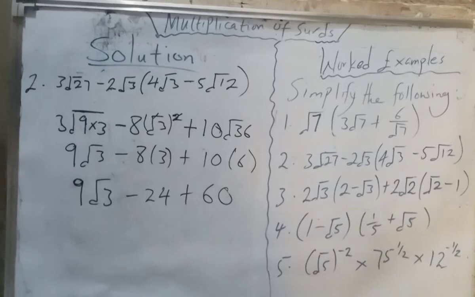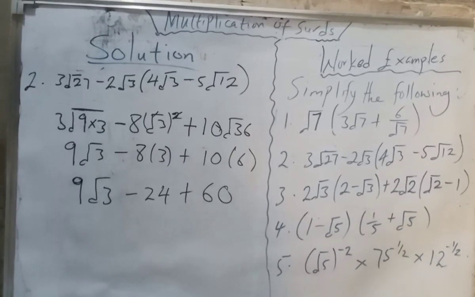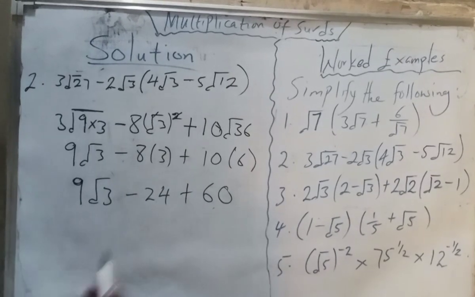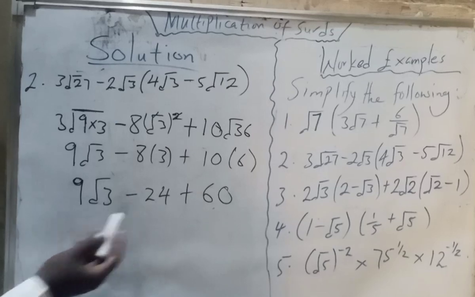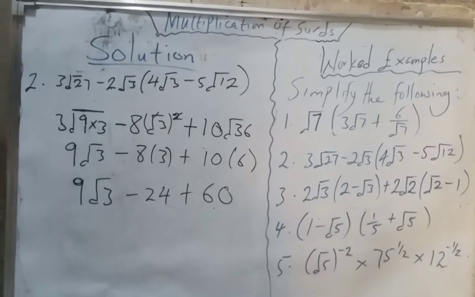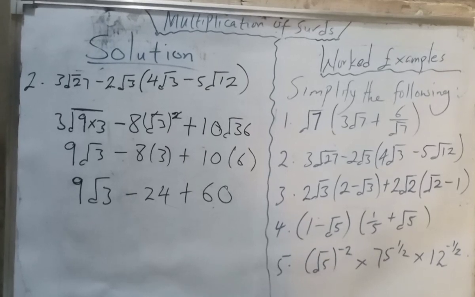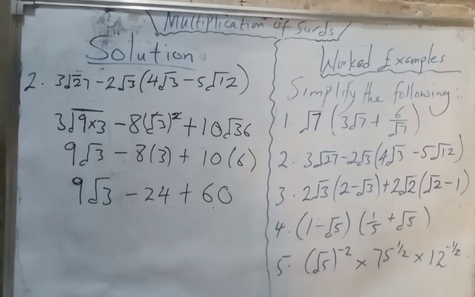These two numbers are like terms because they are all whole numbers, but they are unlike this surd. So we can add those two numbers. Minus 24 plus 60 will give us positive 36.